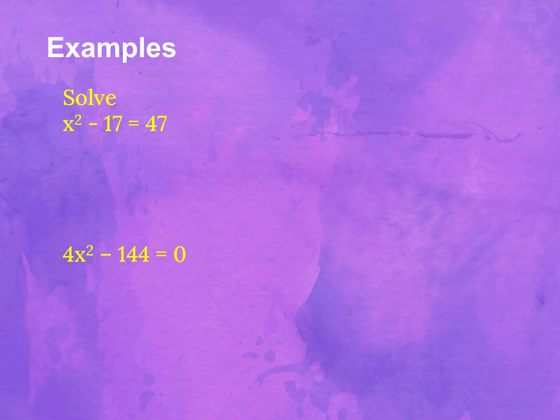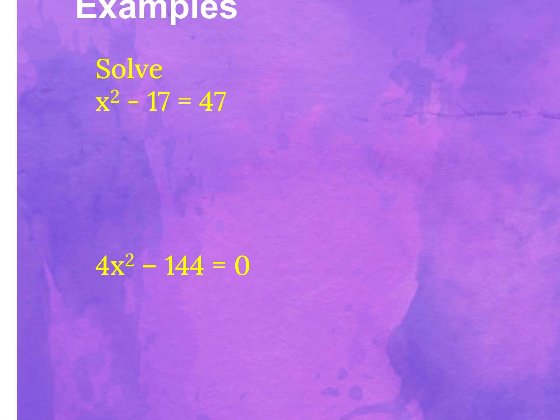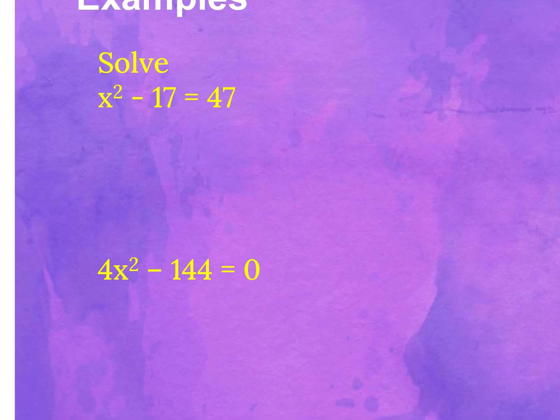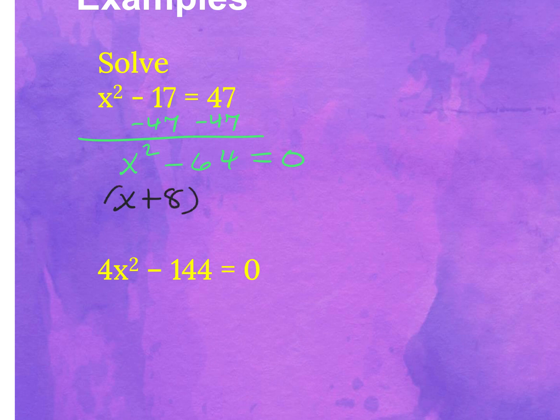So for the next one, again, we can do this two ways. We can either decide to subtract the 47, set it equal to 0. So I get x squared minus 64 equals 0. Factoring, it's the difference of two squares, so it becomes (x plus 8)(x minus 8).